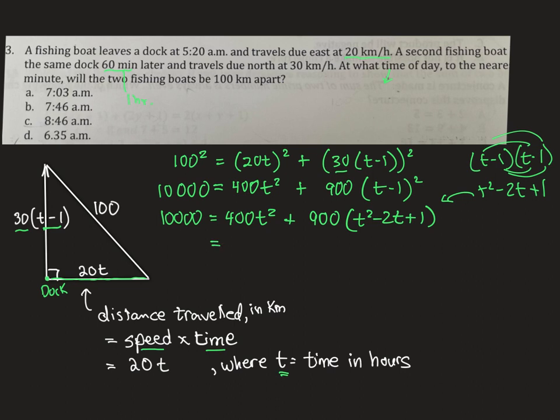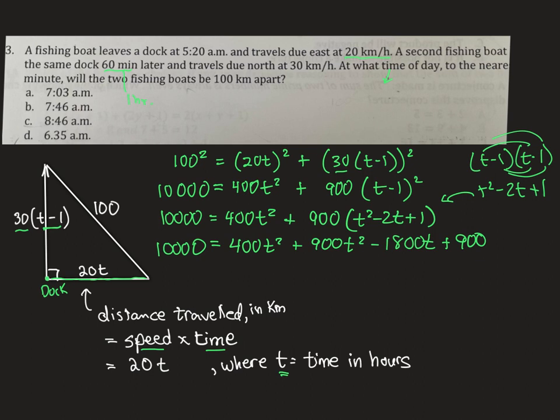Okay, one more thing to do on the right-hand side. We're going to multiply that 900 through. So 900t squared minus 1800t plus 900. And we still have that 10,000 on the left-hand side.